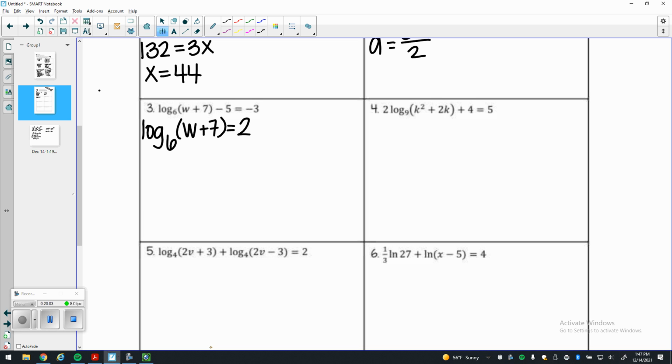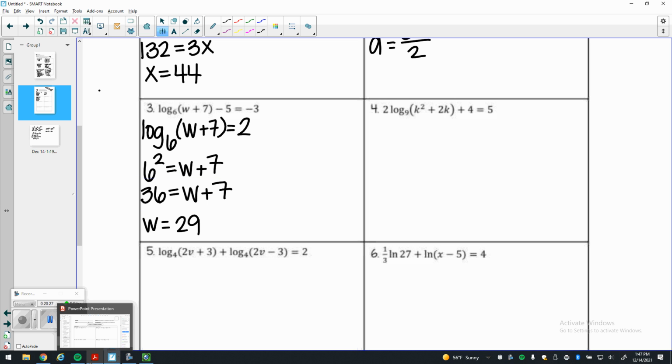Go to exponential form. My base is 6, my exponent is 2, equals w plus 7. What is 6 squared? So this is 36 equals w plus 7. So w equals 29.